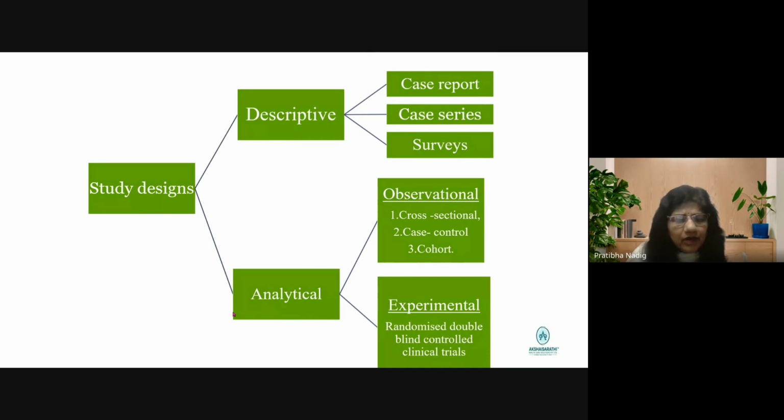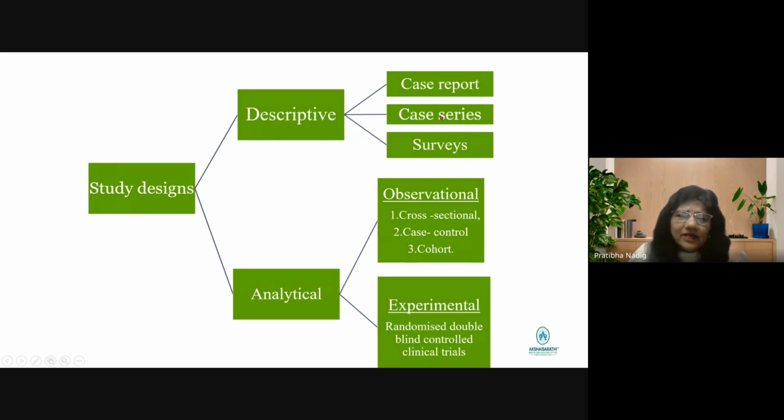I'm sure all of you would have gone through this in your community medicine; mostly community medicine deals with all this. If you take, let's say, the case report, it is a very simple type of research where a rare case is identified and is published or presented.